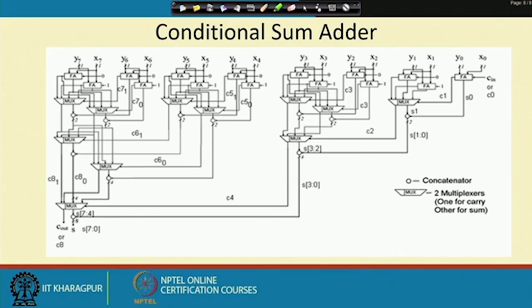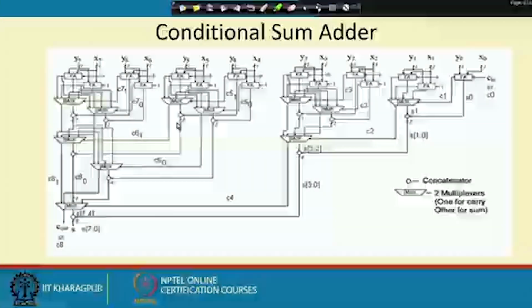Whenever we are doing this pre-computation or pre-assumption based computing, we are putting redundancy into the circuit. Whenever we put redundancy, it consumes more area than the original one. So, in this particular case I am getting the benefit of delay by losing area.